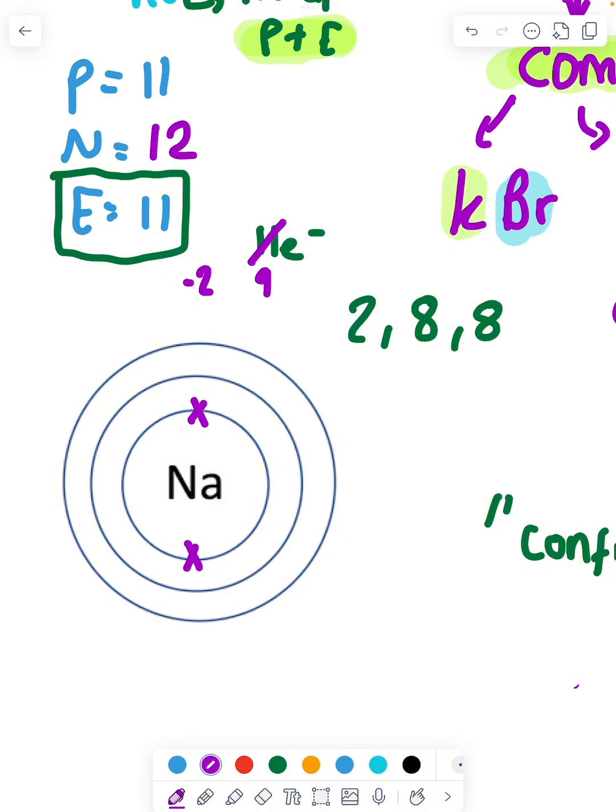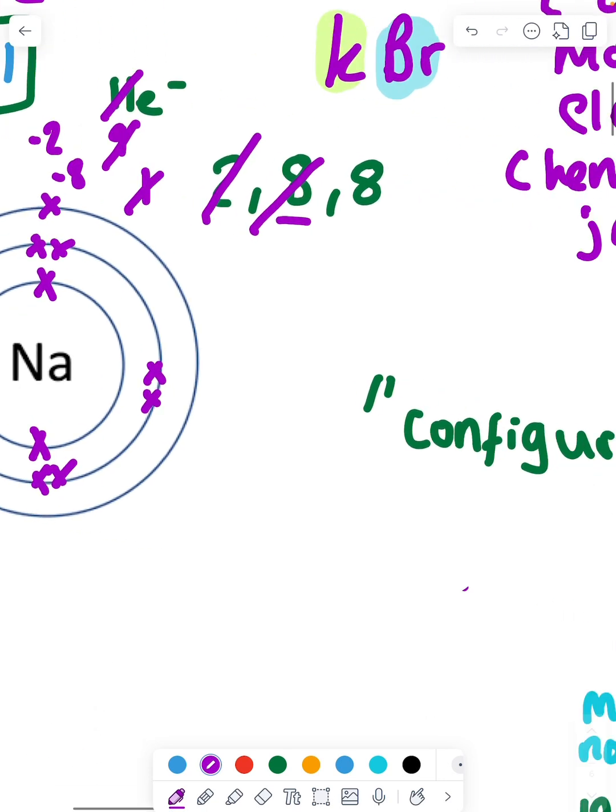The next shell can hold a maximum of 8. So 1, 2, 3, 4, 5, 6, 7, 8. We've used up 8. We've taken 8 away from 9. We've got 1 electron left. So there's 1 in the last shell. And we've finished with all our electrons. So the configuration of sodium, again, configuration, don't let it confuse you.